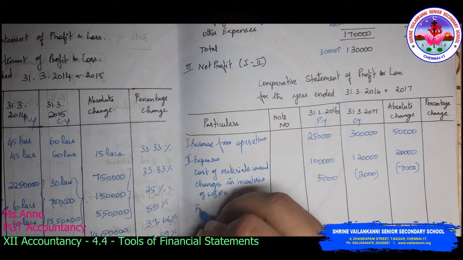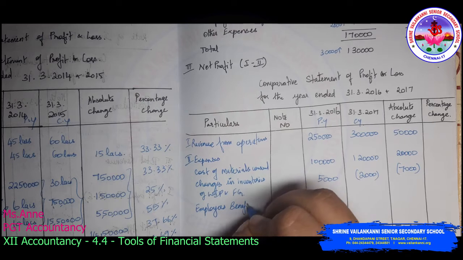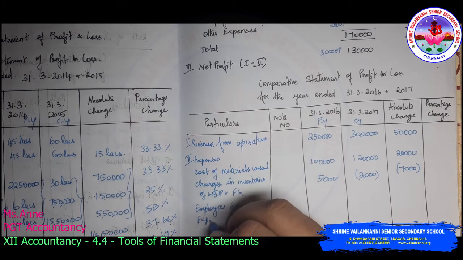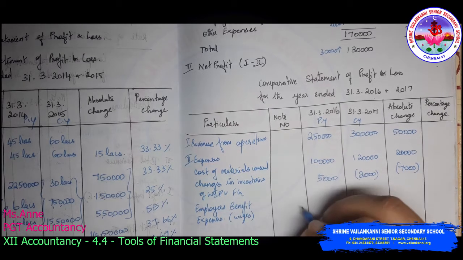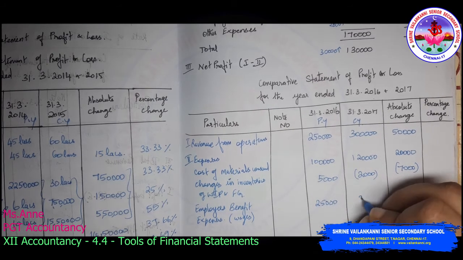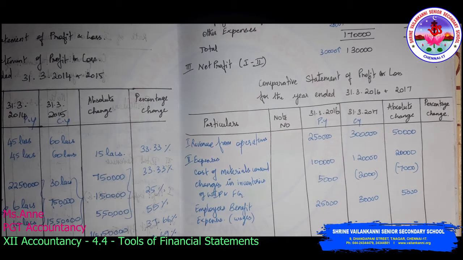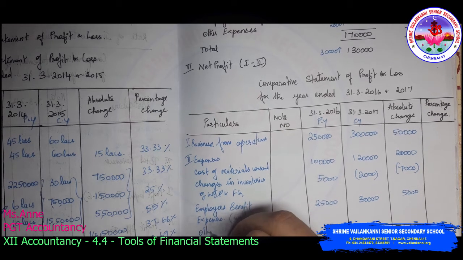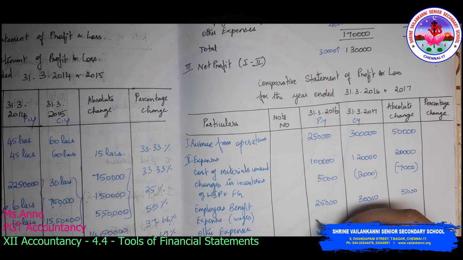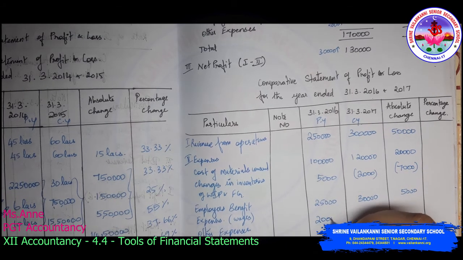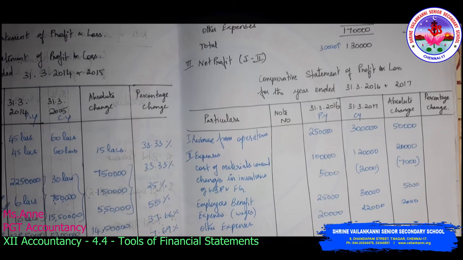Then you have employees benefit expenses. Okay, so the bracket they have given wages. So 25,000 was for 2016 and 30,000 for 2017. So 5,000 is our increase. Then you have other expenses. So 20,000 and 22,000. There is an increase by 2,000 here.